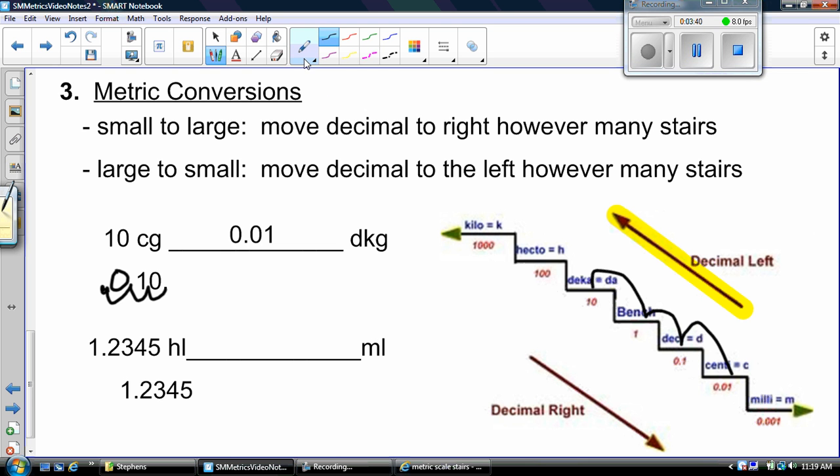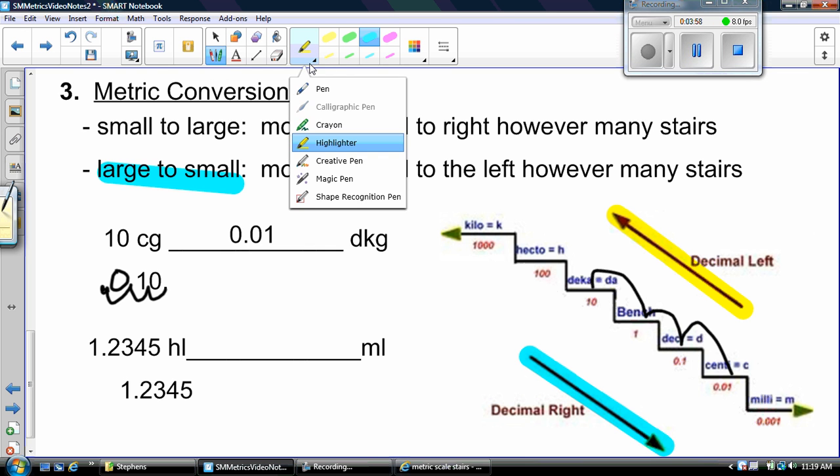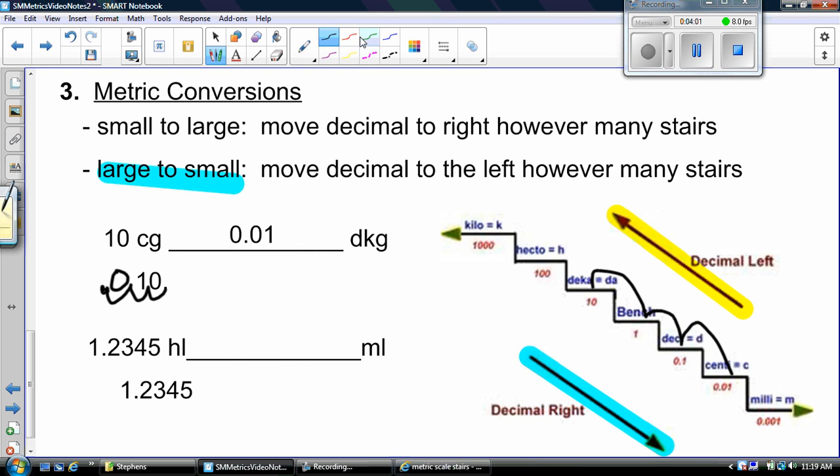Now, for the next type, let's say I want to convert from large to small. So if I'm going from large to small, I'm going to move my decimal to the right however many stairs. So let's do that example. If I want to convert hectoliters to milliliters, I'm going from large to small. So I'm going to count how many stairs I go down.